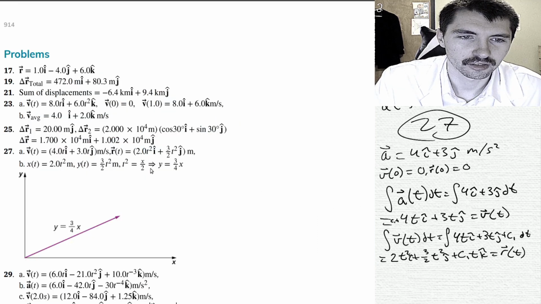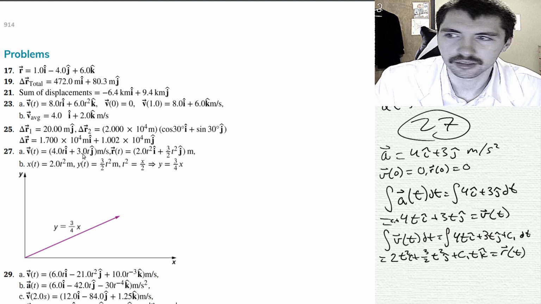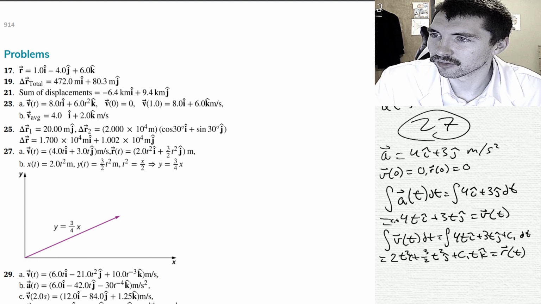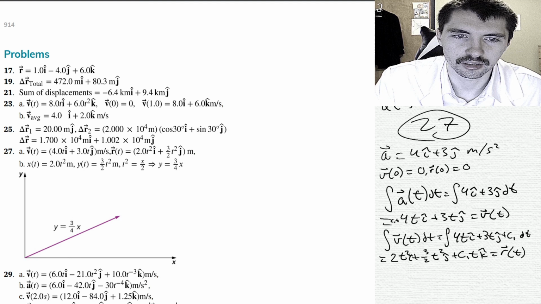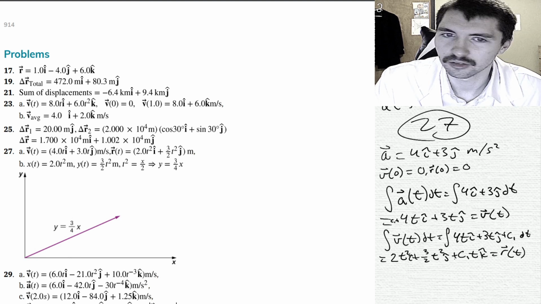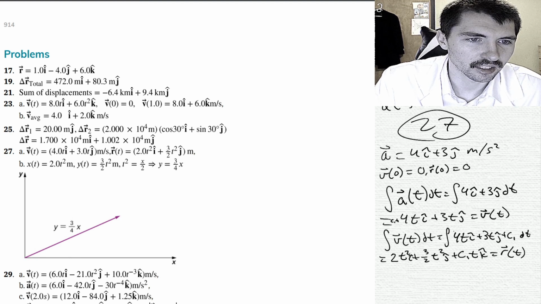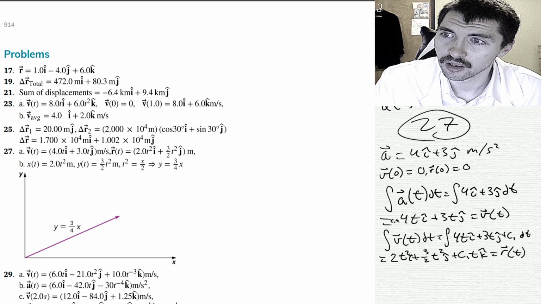All right, so first, did we get the velocity? We got 4ti plus 3tj, velocity. Okay, and the r, they are missing a constant though, so that's kind of weird.